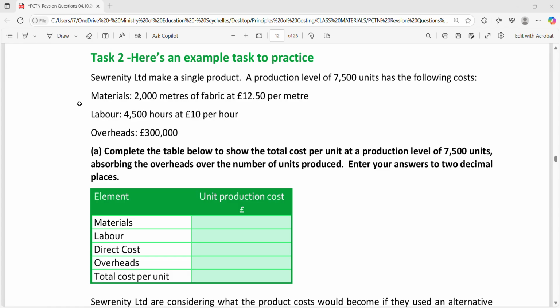and I'll start with, if we had the total cost, then I'll calculate the cost per unit.